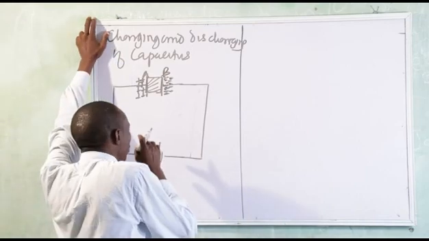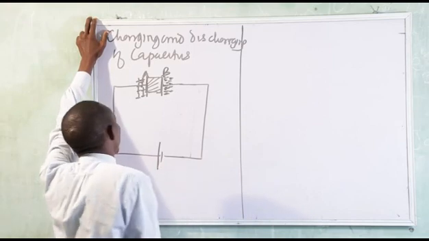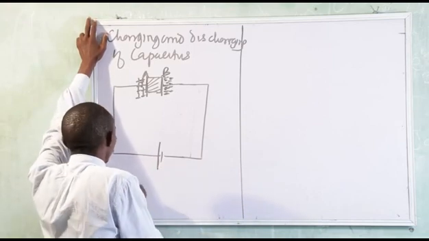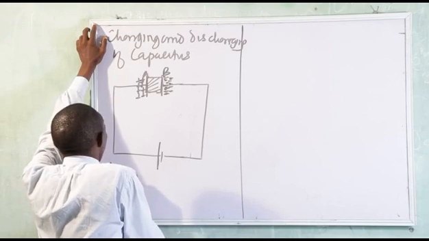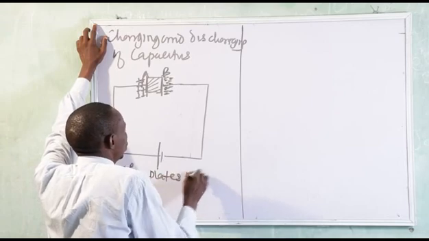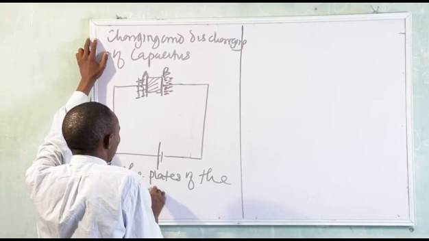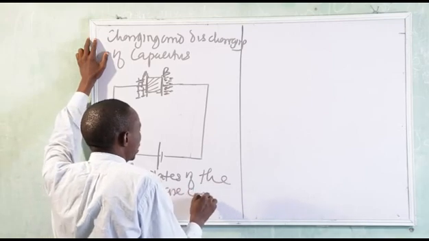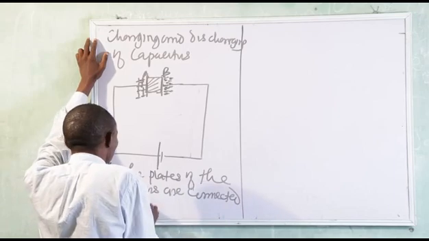Consider a capacitor connected to a battery. It is said to be charging as the plates of the capacitor are connected to the EMF.